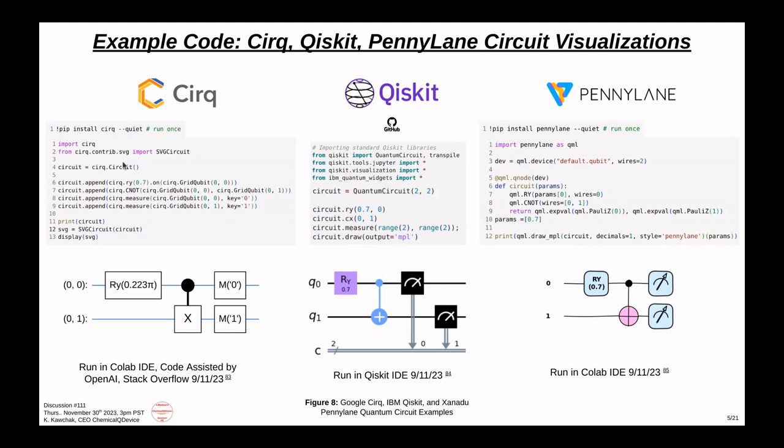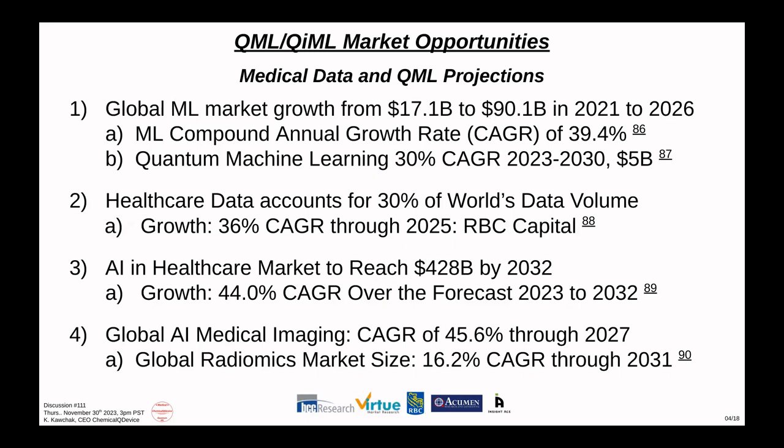But there are different modifications to all of these as far as which way you want the circuit to look, in color or no color. And the big market with this is global machine learning. They say $90 billion by 2026, with a machine learning compound annual growth rate of close to 40%.